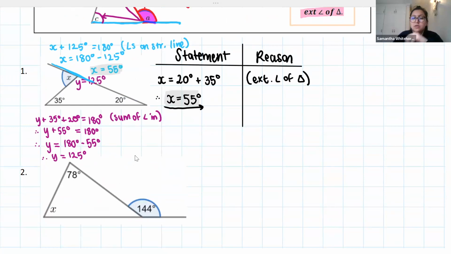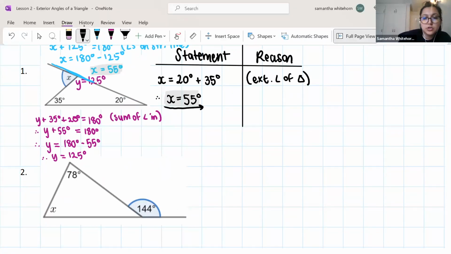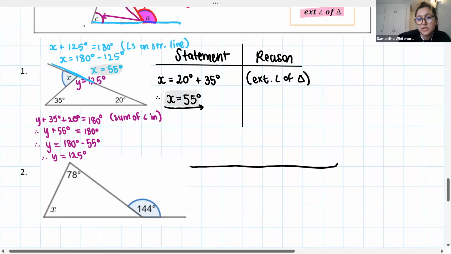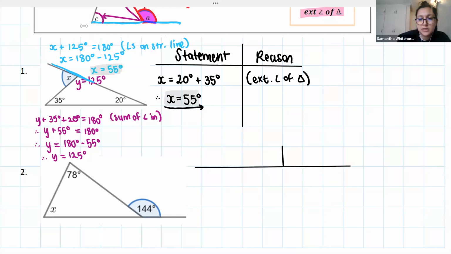All right, so guys, I want you to try question 2 for me. Don't do it the long way. Use the shortcut that we've now established, the exterior angles of a triangle. Because doing it the long way, whilst it's not wrong, you're wasting time. In a test or an exam, we don't want to waste time. We want to try and get things done properly, but as quickly as we can.